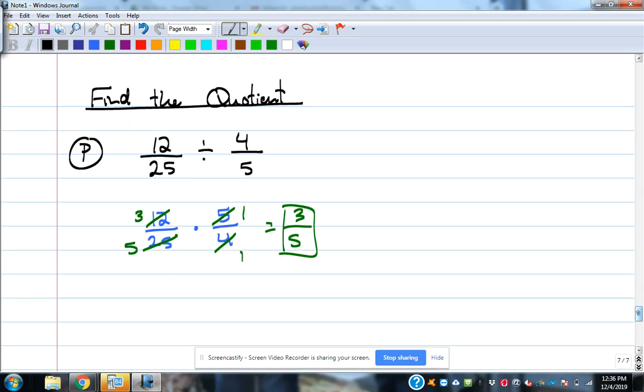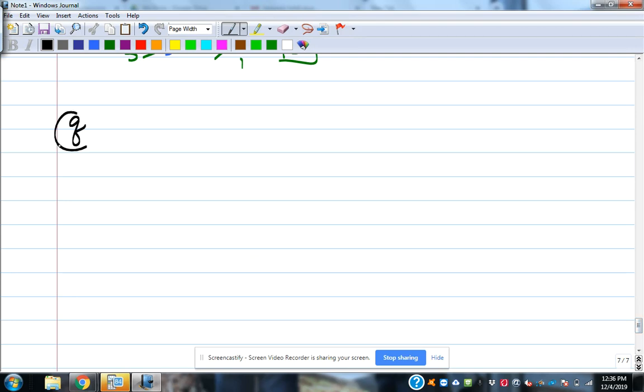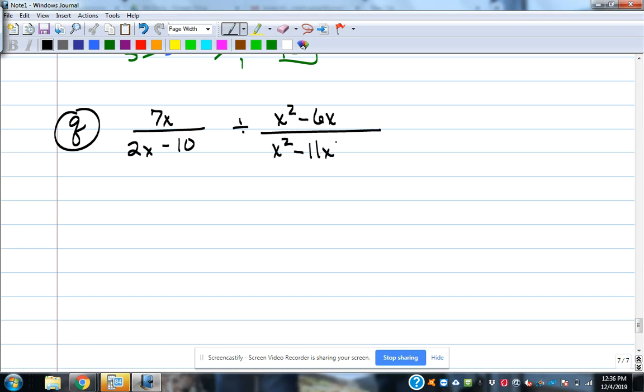So let's do one problem like that and then we'll be done. 7x over 2x minus 10 divided by x squared minus 6x over x squared minus 11x plus 30. So flip the second one. And multiply.